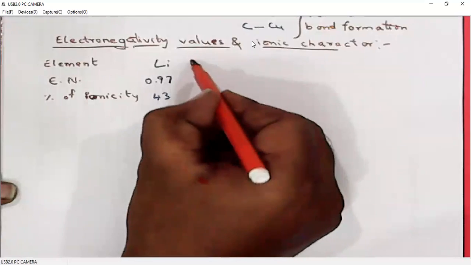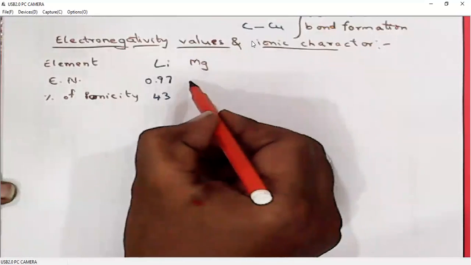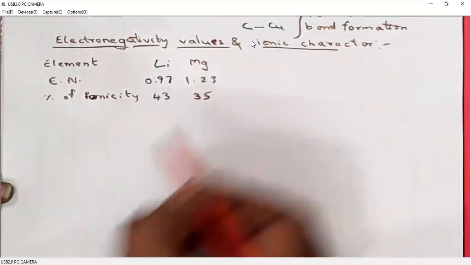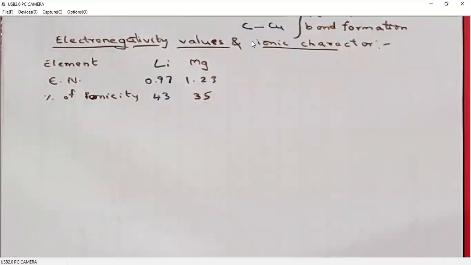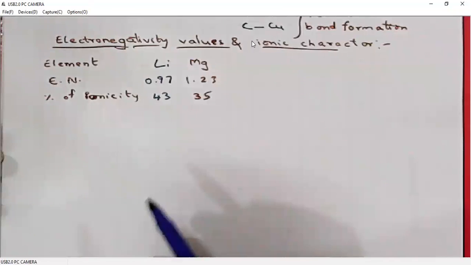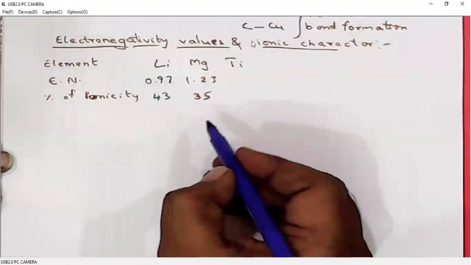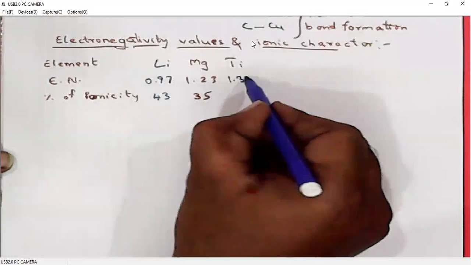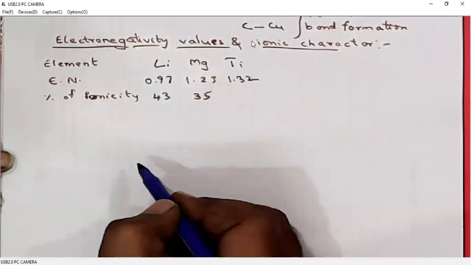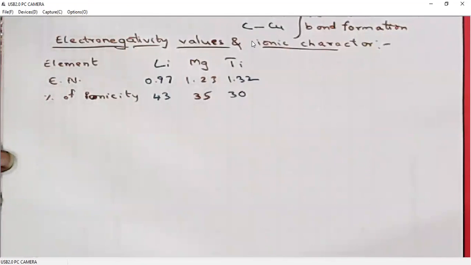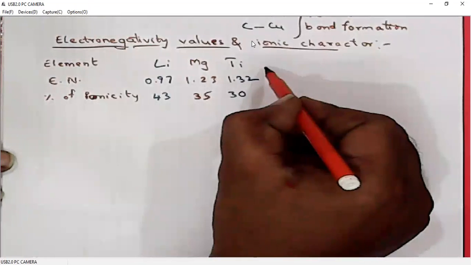When we look at magnesium, whose electronegativity is 1.23, its percentage of ionic character is 35%. You don't need to remember all these values. You just remember them by comparison, okay? Which is more ionic bond, which is less ionic bond. So you just look at these values in a comparative way.